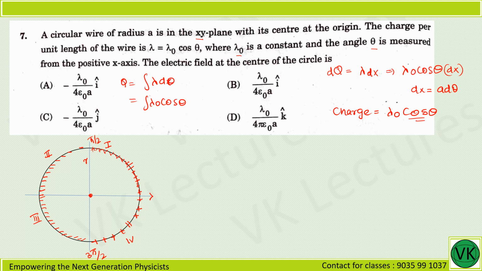So lambda naught cos theta d theta, the integral is from 0 to 2 pi, and this value is equal to 0 because sine theta, when you put the limits, you get 0. So the total charge on this circular ring or circular wire is 0.